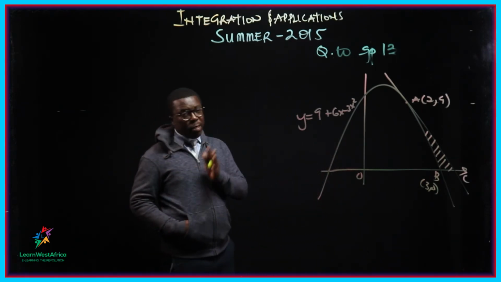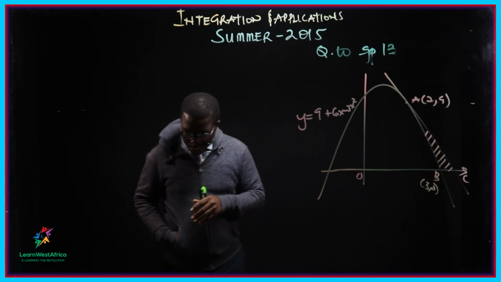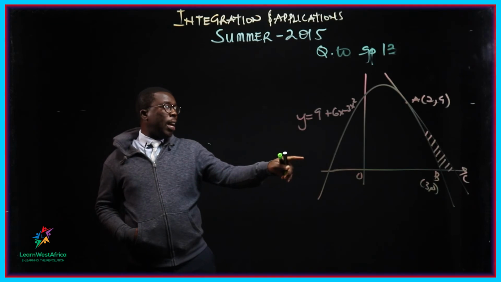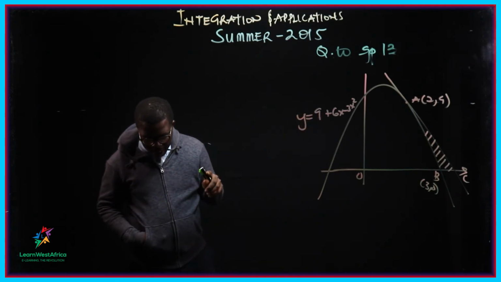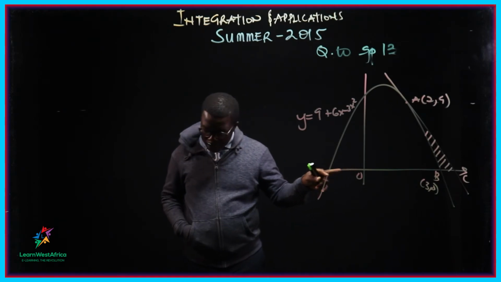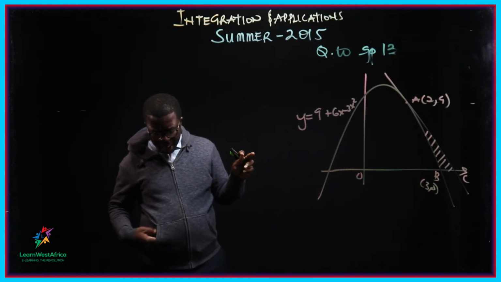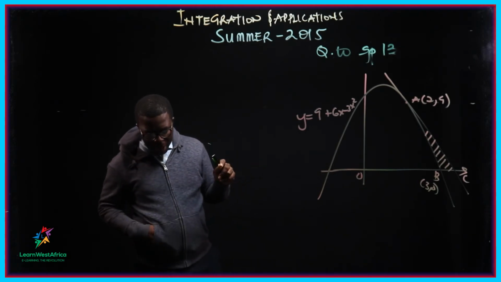Let's go to some of the facts as the question was just flashed onto your screen. It says that the points A (2, 9) and B (3, 0) lie on the curve 9 plus 6x minus 3x squared.